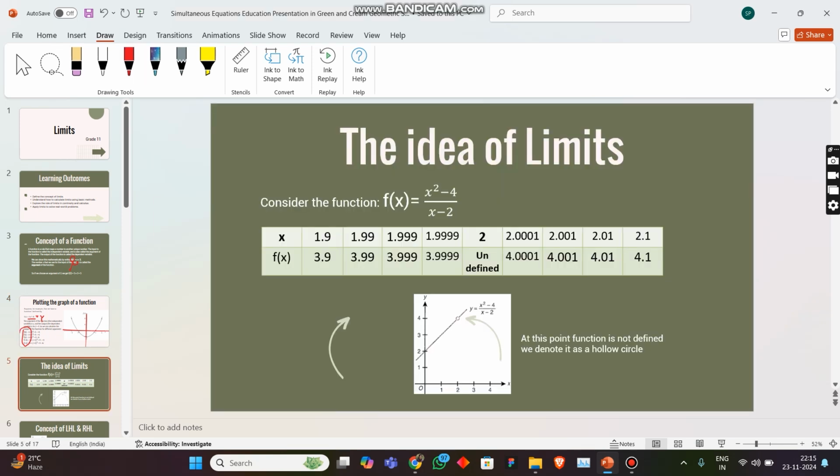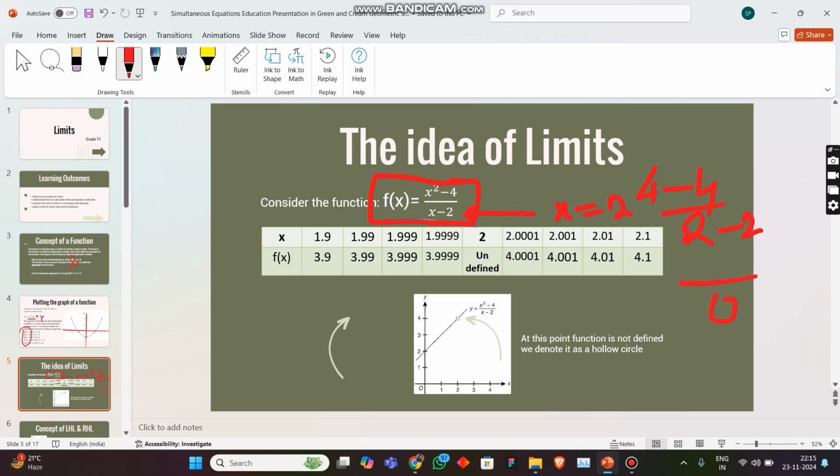Now let's handle some typical problem. Suppose you have a problem like this, that f of x equals x square minus 4 by x minus 2. Clearly it is visible that if we put x equals 2, then what will happen? 2 square is 4, 4 minus 4 by 2 minus 2.